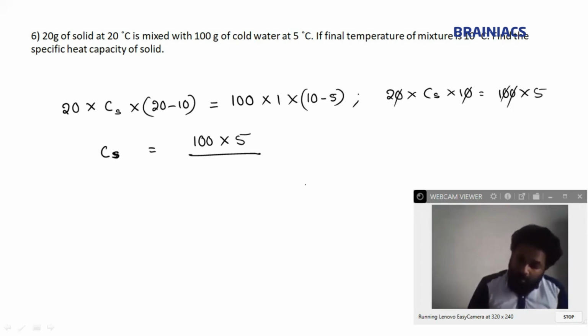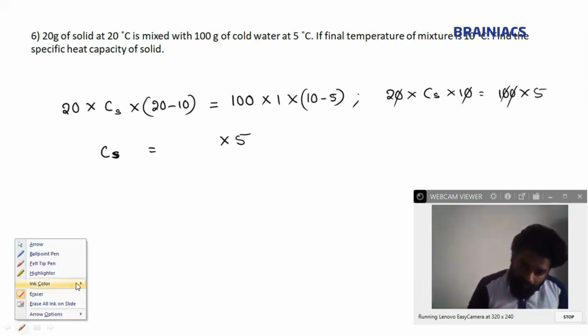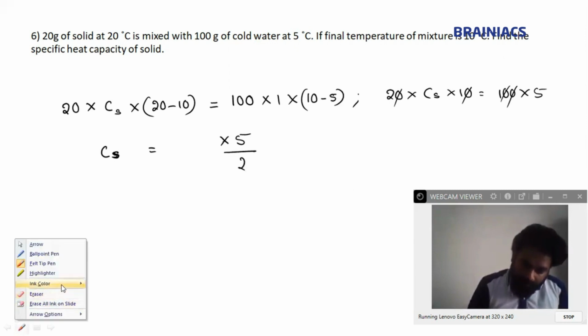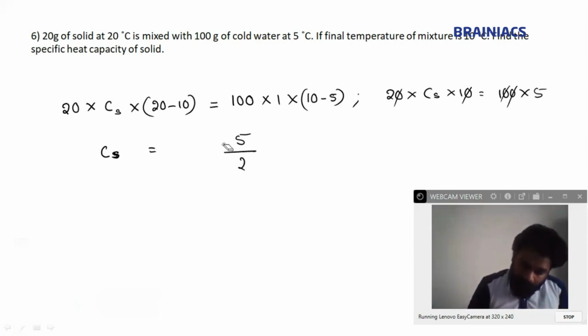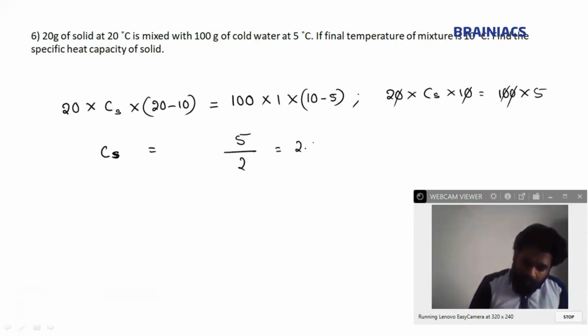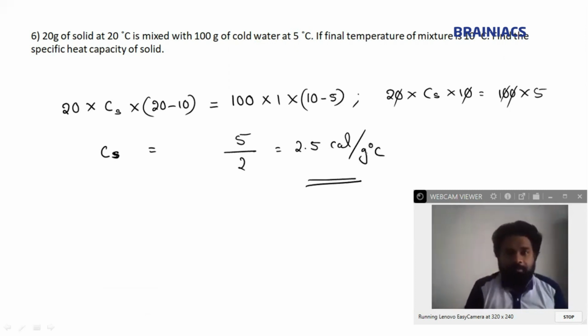So how much will it come? 5 by 2. So 2.5 calorie per gram degree centigrade. This is the specific heat capacity of the solid.